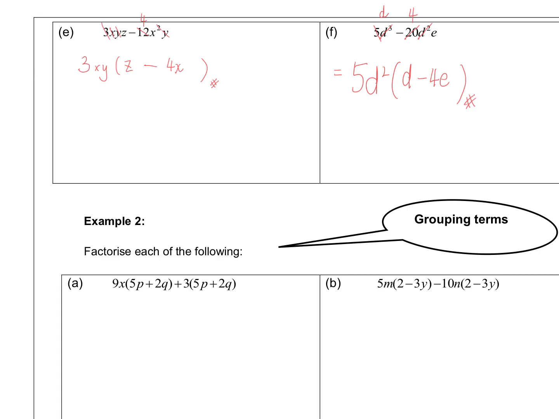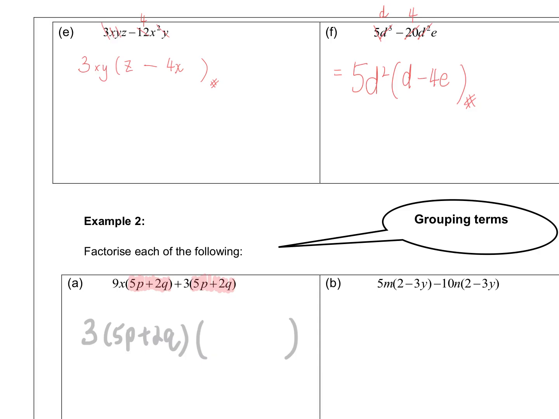Okay, anyway. When you look at these two, what they share in common becomes a group. So this whole thing is common. Anything else that is common? Okay, so take out the 3. Take out the 5p plus 2q. Just treat it as one object.